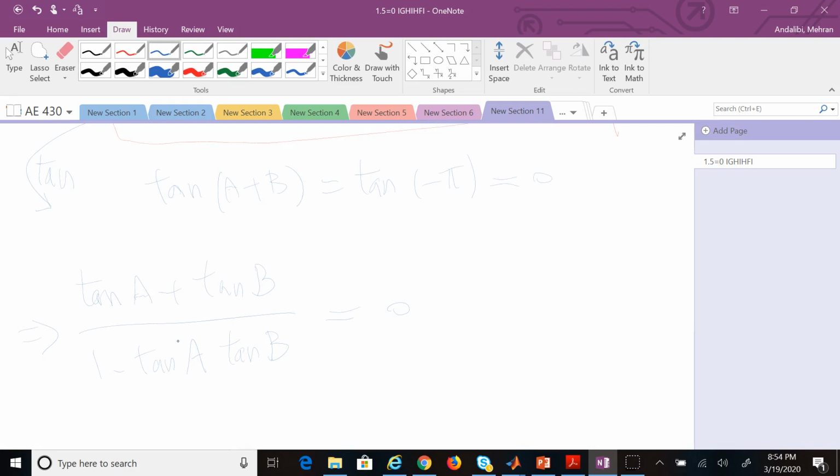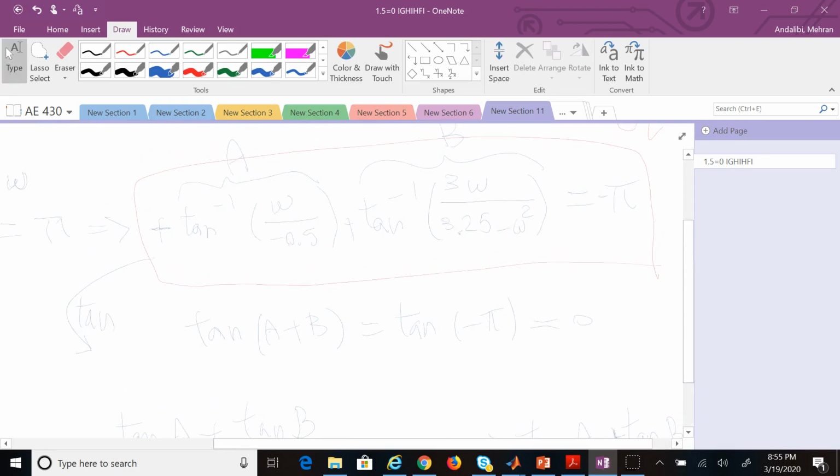Now, when something like this is 0, it means the numerator has to be 0, right? So from here, tangent of A plus tangent of B is equal to 0. But you might wonder, why did I take tangent from both sides in the first place? The reason is when I take tangent of A, since A has a tangent inverse in it, I'm taking tangent of tangent inverse.